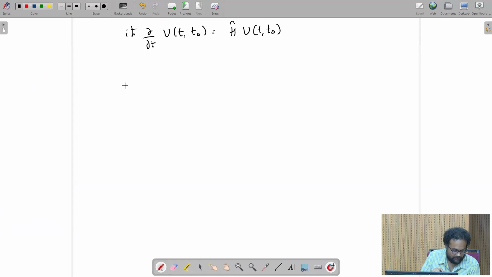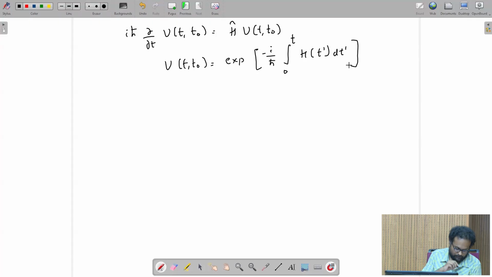But if I integrate this out, you will get U(t, t naught) basically exponential minus i over h cross integral 0 to t of H(t') dt'. Fairly simple integral there. Looks very nice and easy to solve, but we'll take another look.